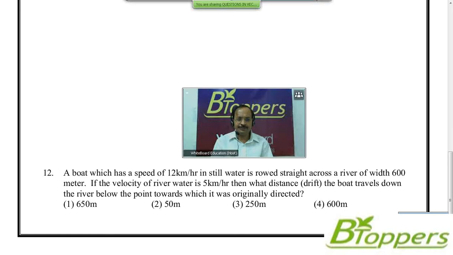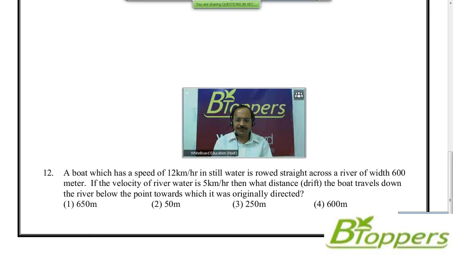So look at question number 12. A boat which has a speed of 12 km per hour in still water is rowed straight across a river of width 600 meters. The velocity of the river water is 5 km per hour.